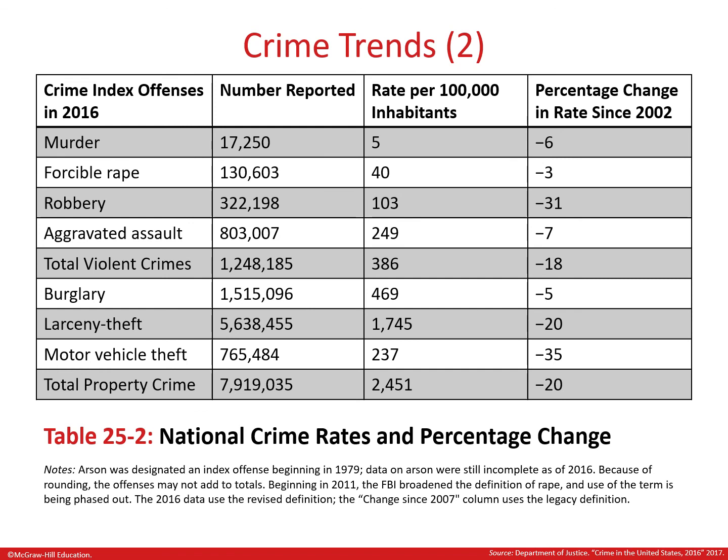You have the actual number reported, then you have a rate, and then you have the percent change. So moving in the right direction, but again, we have to be cautious of these numbers because one murder is serious to whoever's family that is, and so we need to be conscious of those things as well.